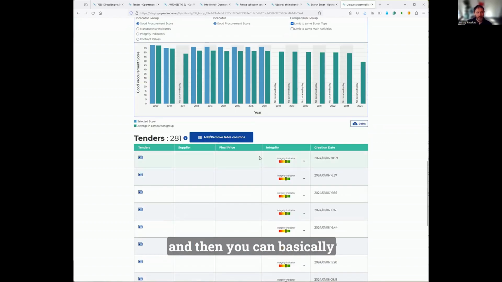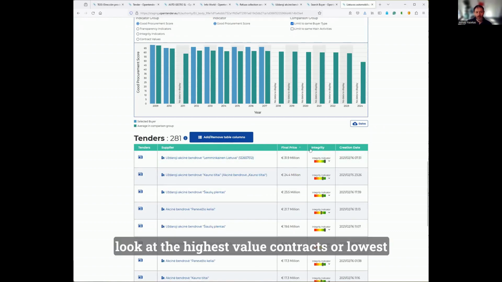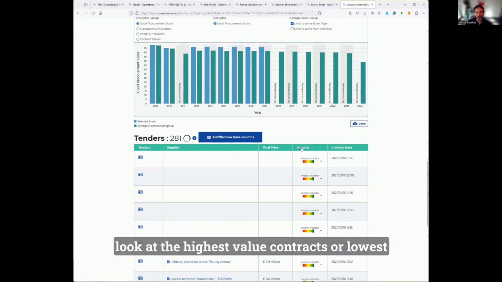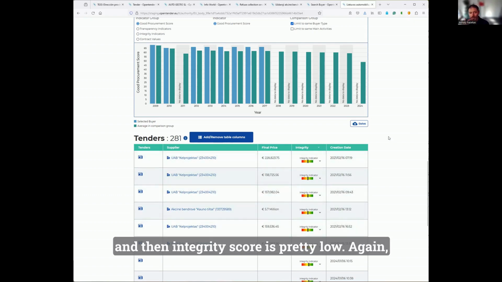And then you can basically look at the highest value contracts or lowest integrity contracts. Here you go, you already have one, 200,000 euros, and the integrity score is pretty low. Again, you can explore them further, look at suppliers, look at particular tenders, and so on.